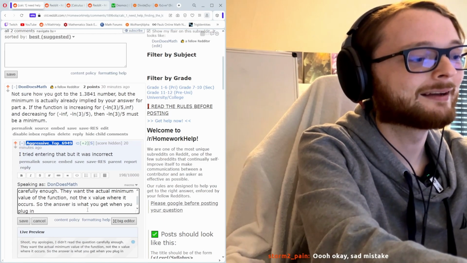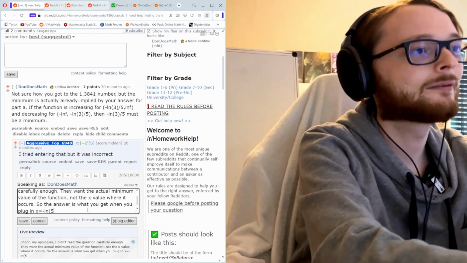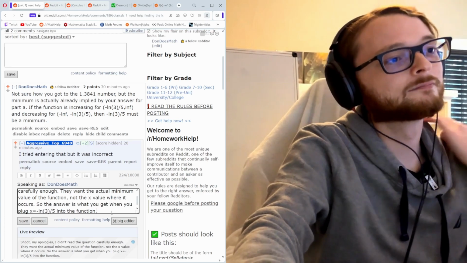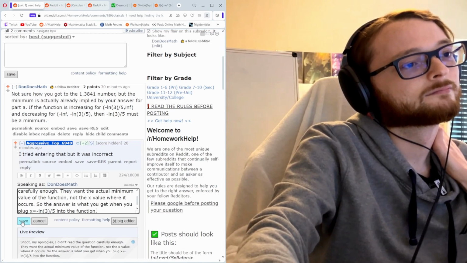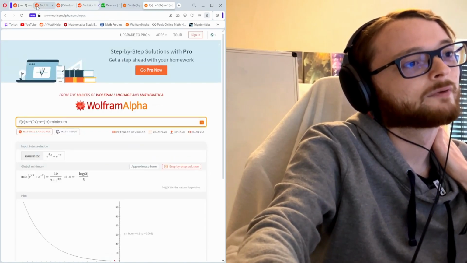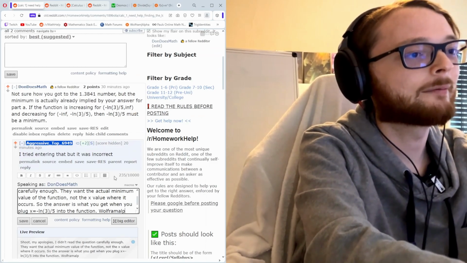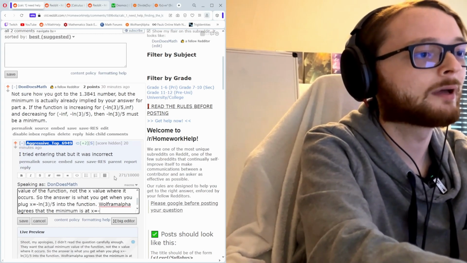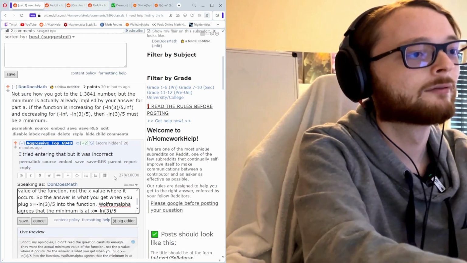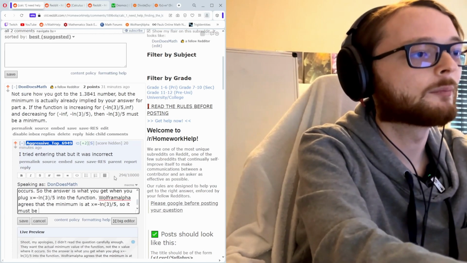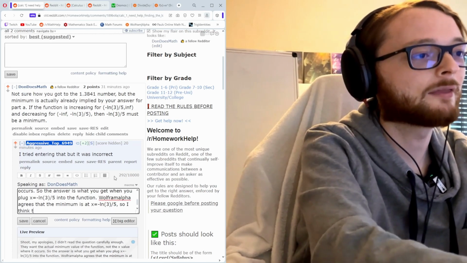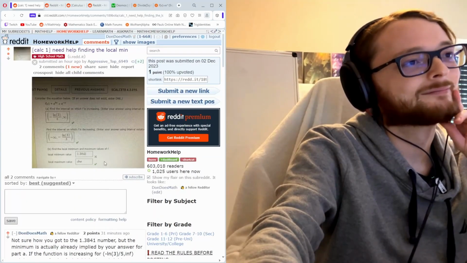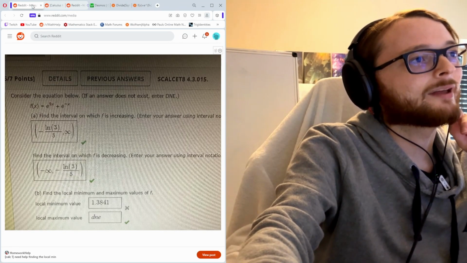I checked on Wolfram Alpha that the minimum is at x equals minus ln 3 over 5, so I think that is the issue. Okay, let's X out of this, because it should be okay for now.